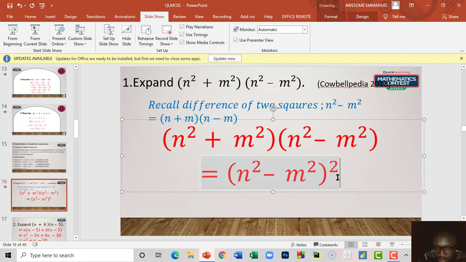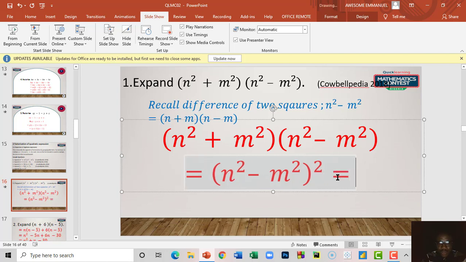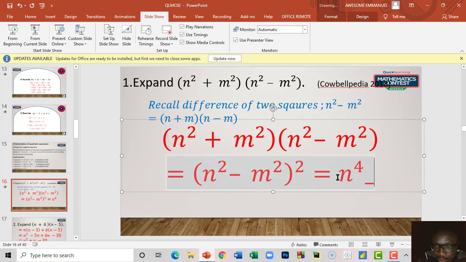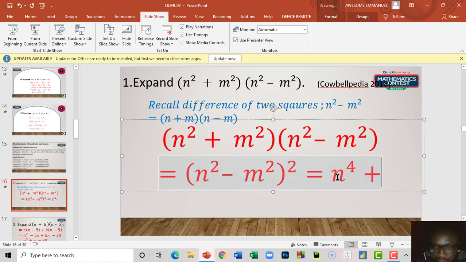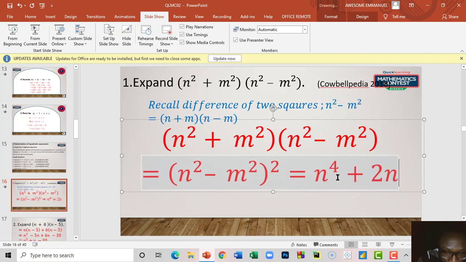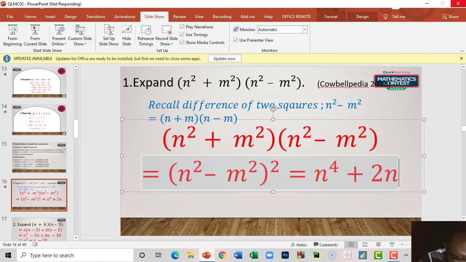I'll say the answer will be equal to n raised to power 4, then plus 2 n raised to power of 2, that is n raised to power of 2.